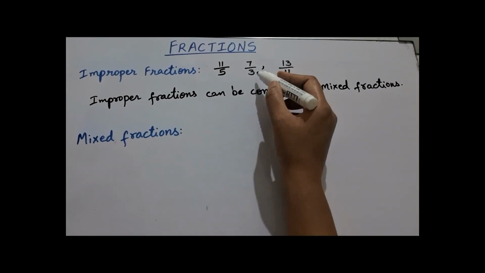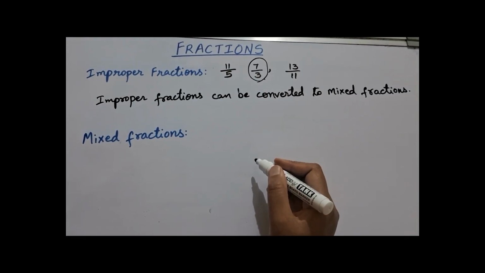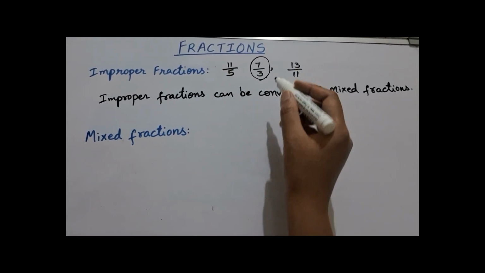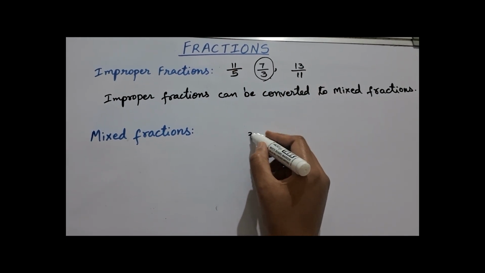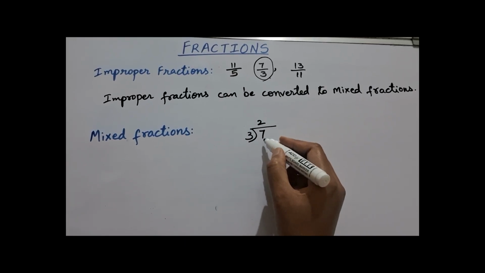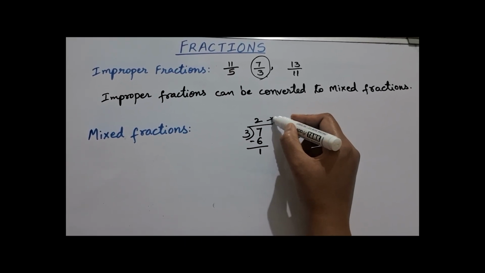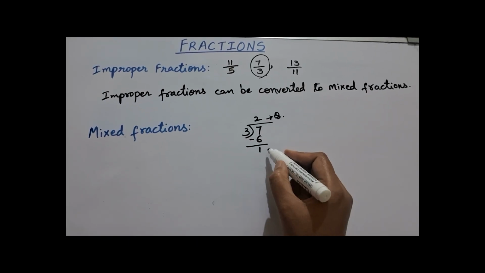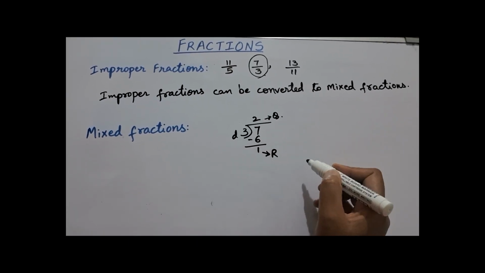Now let us convert this improper fraction to a mixed fraction, children. First we need to divide the numerator by the denominator. So here we got quotient 2 and remainder 1, and divisor is 3.